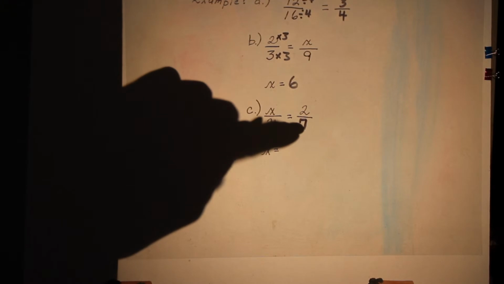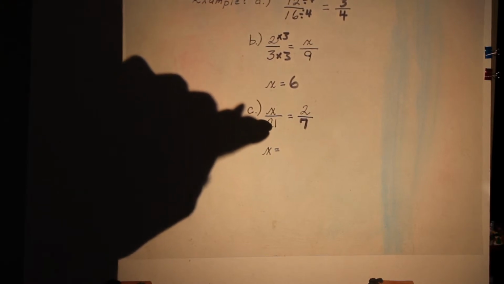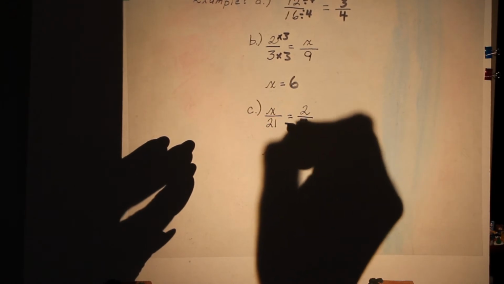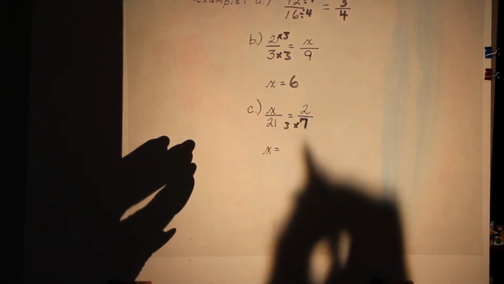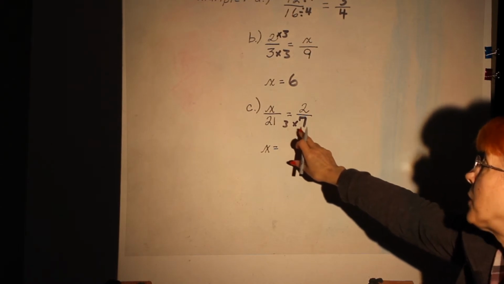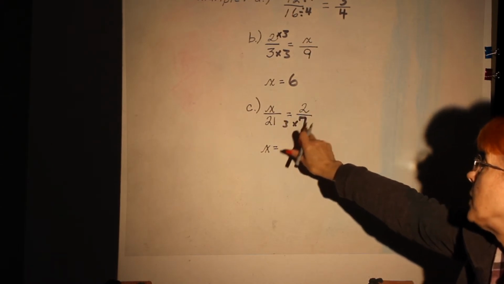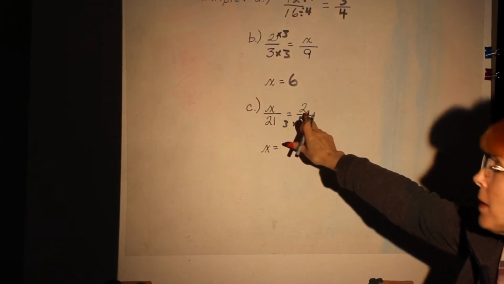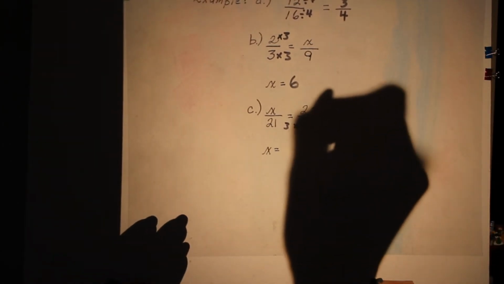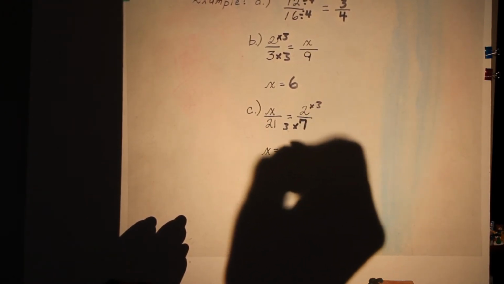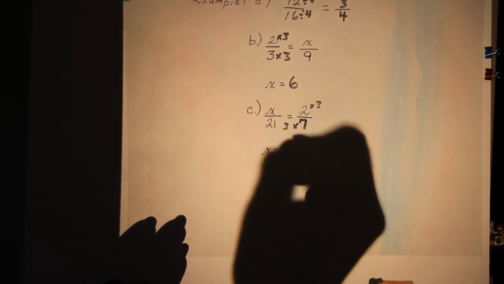What did we do to 7 to get 21? We multiplied by 3. So 7 times 3 is going to be 21. Whatever I've done to the bottom, I have to do the same to the top. So if I've multiplied 7 times 3 to get 21, I have to multiply 2 times 3. And that will give me 6. So x equals 6.